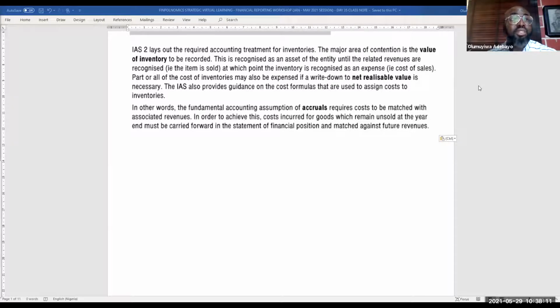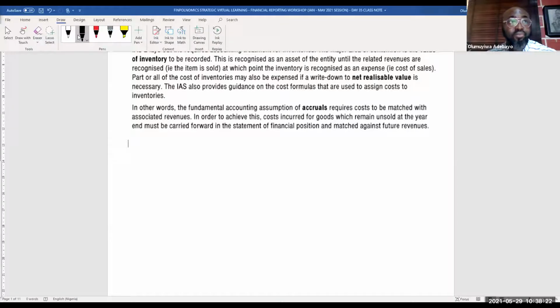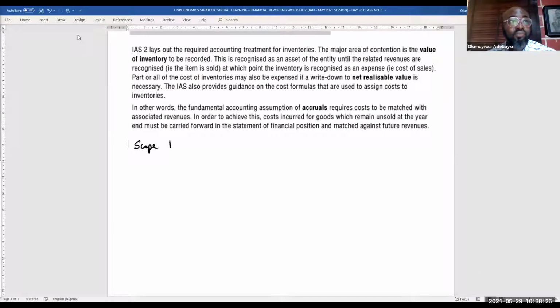Okay. Now, let's start from the scope. The scope of IAS 2 deals with all forms of inventory, excluding these two items.